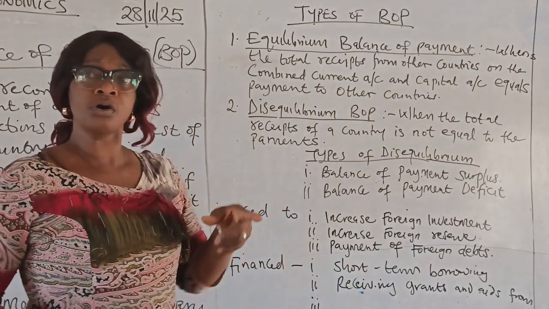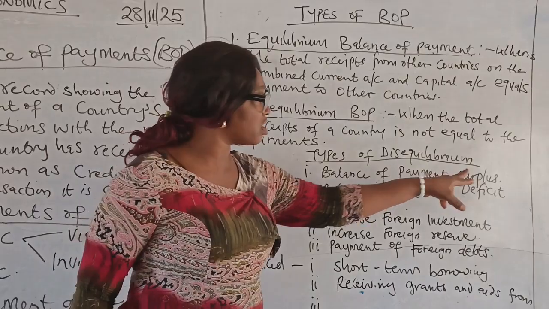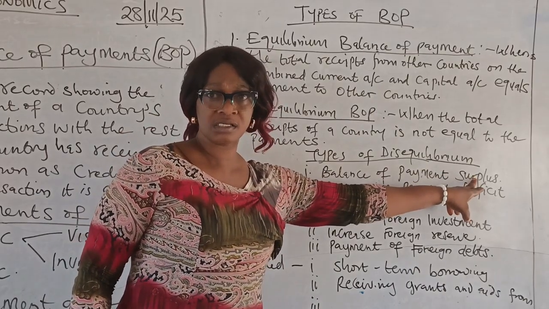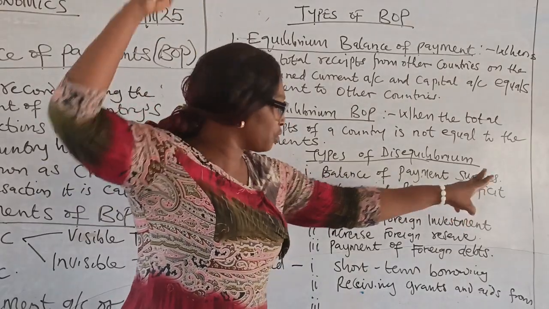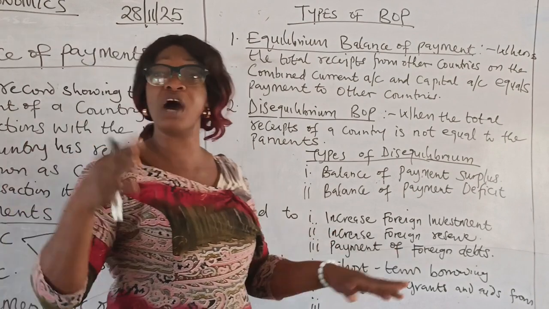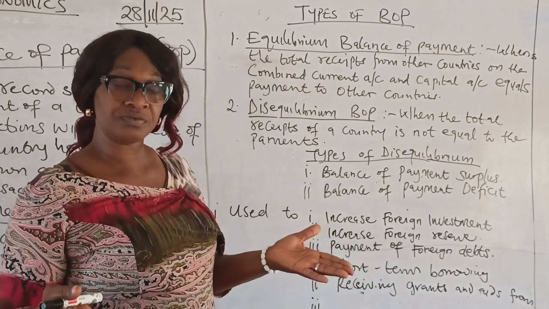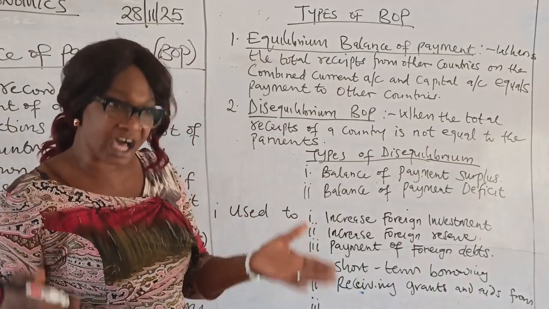So also, when our government has surplus money, how can they use it? They will use it to invest in other countries of the world. That's number 1. Number 2, they will increase our foreign reserve. They will go to the World Bank to increase our foreign reserve.